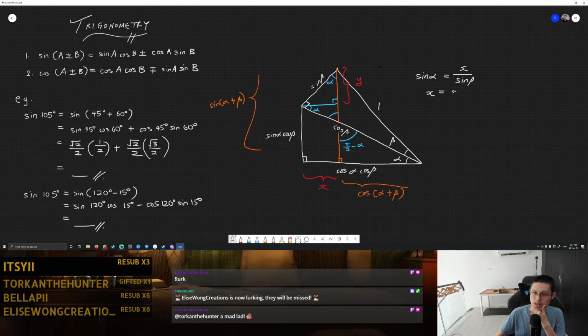So x is actually sine alpha sine beta. And if we do the same thing, but we take cos, we're going to get cos alpha equals to y over sine beta. So y must be cos alpha sine beta.